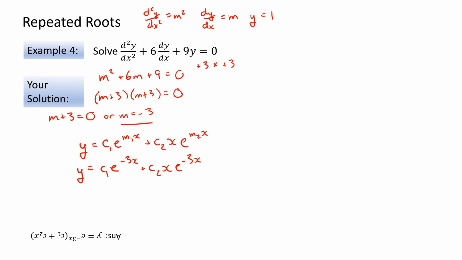Okay? If you want to get the most simplified answer, you can factor out the e to the negative 3x. And we get y is equal to e to the negative 3x times c1, which is all that's left in the first term, plus c2 times x. Okay, and you'll see that this final format will be how you'll often see the repeated roots shown.